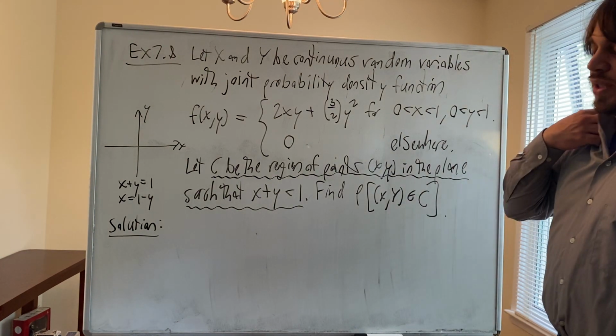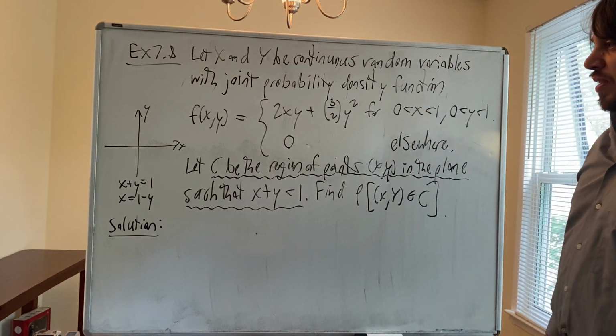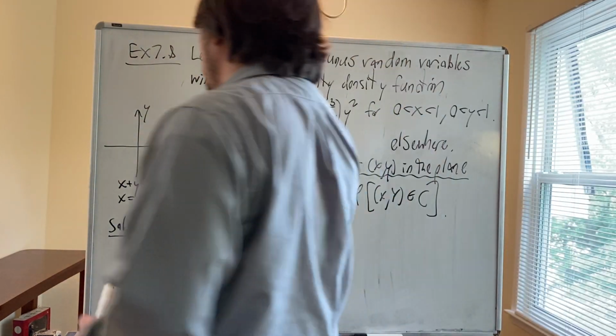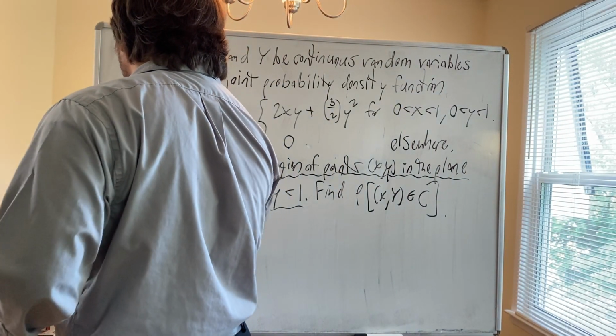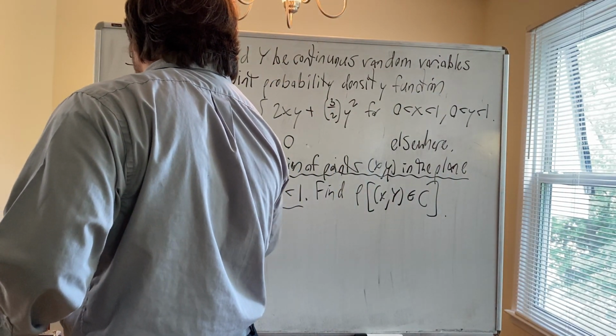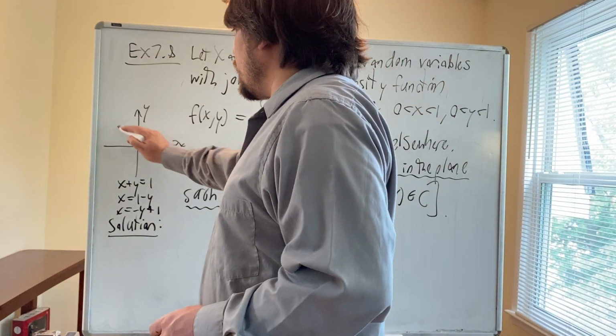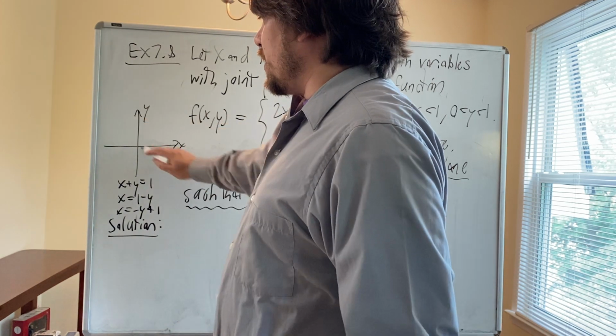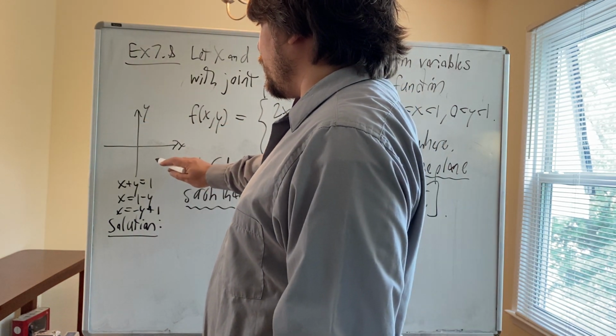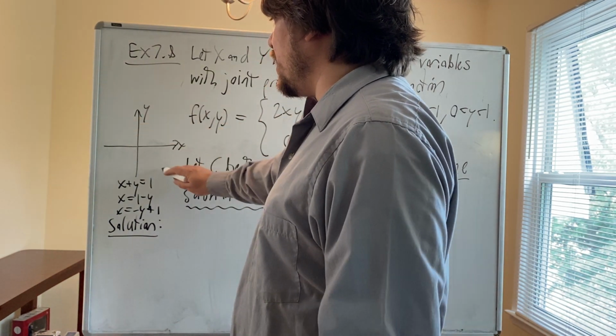You'll see this choice once you've done this enough. So x equals 1 minus y is the same as x equals negative y plus 1. x equals negative y is this diagonal line that goes through the origin.